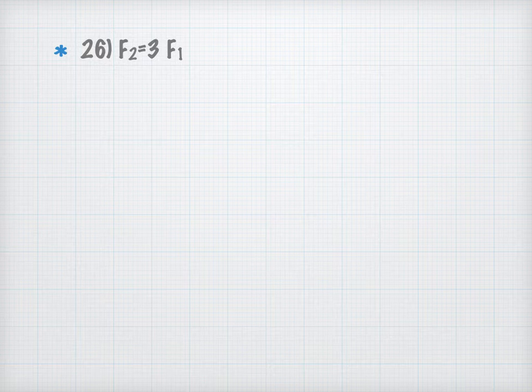Okay, number 27 is kind of a cool problem, very theoretical, but just kind of a fun one, I think. So we've got a liter of water, 1,000 grams, and that contains 55.5 moles of water molecules. And they tell us that a mole is 6.022 times 10 to the 23rd particles.